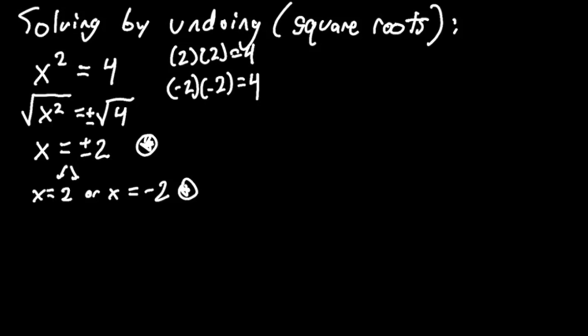So we're solving by taking a square root. And we can do this when we have something called a perfect square on one side of the equation.